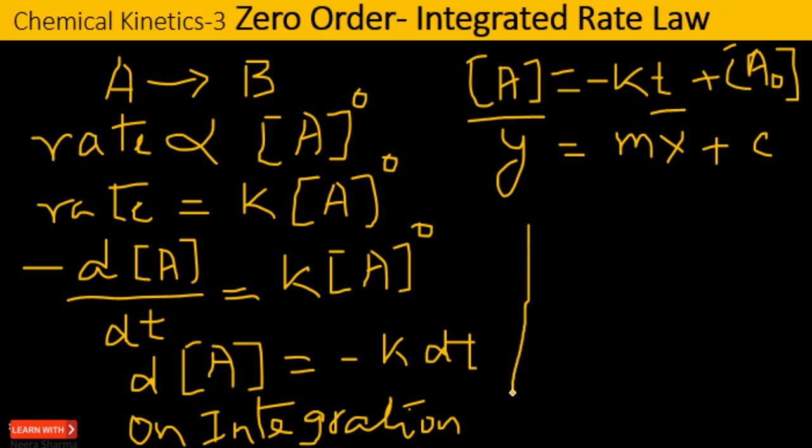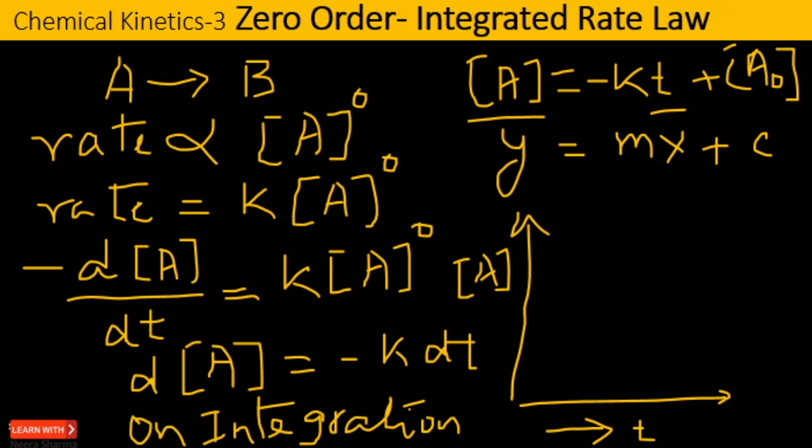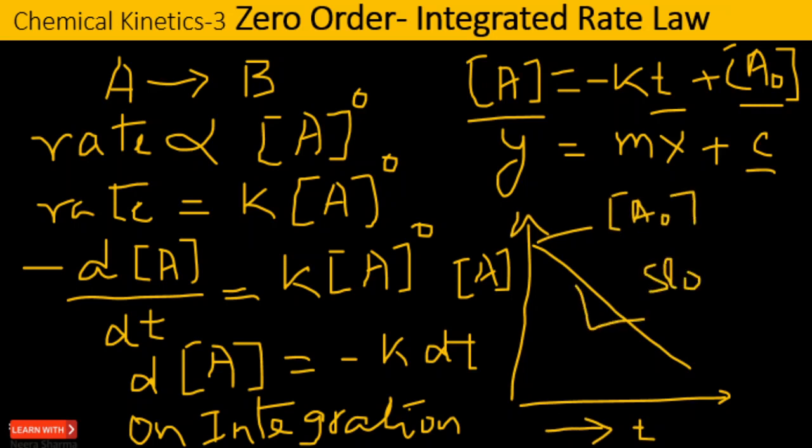So if we plot a graph with concentration of A on the y-axis and t on the x-axis, we should get a straight line whose intercept is A naught, and the slope is equal to m, or what is m here, minus k. Slope will be equal to minus k.